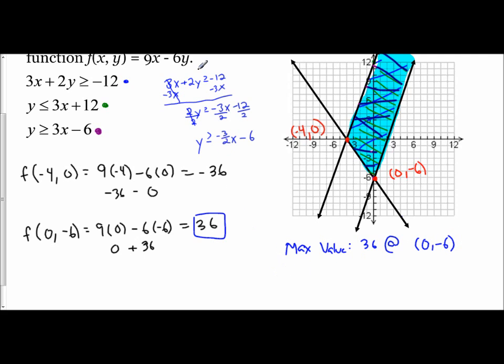And then we have our minimum value. And so that would be -36 here. And so we have a minimum value of -36, and that occurred at the coordinate -4, 0.